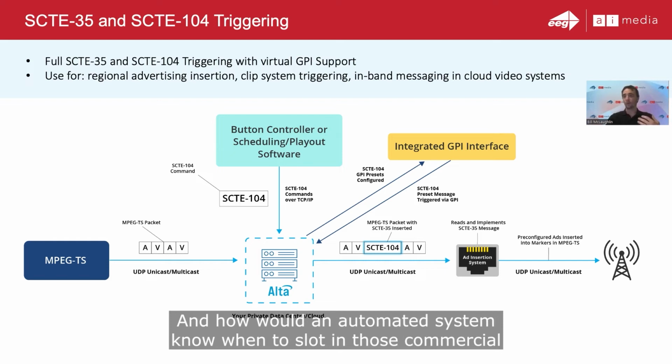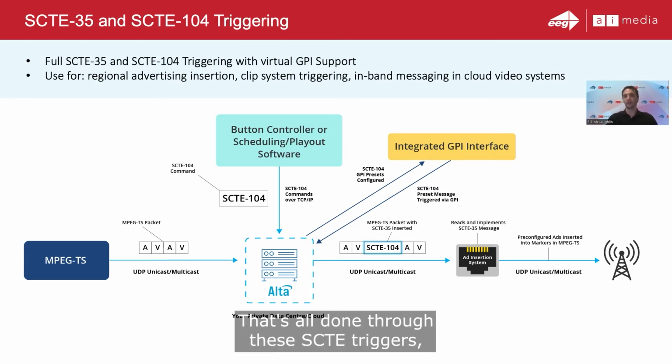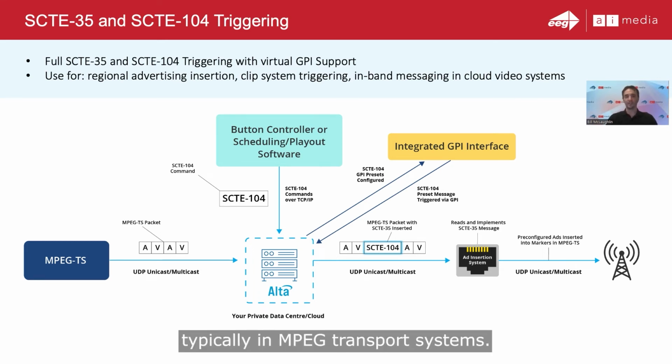And how would an automated system know when to slot in those commercial breaks and how much time it has for the commercial breaks? That's all done through these SCTE triggers, typically in MPEG transport systems.